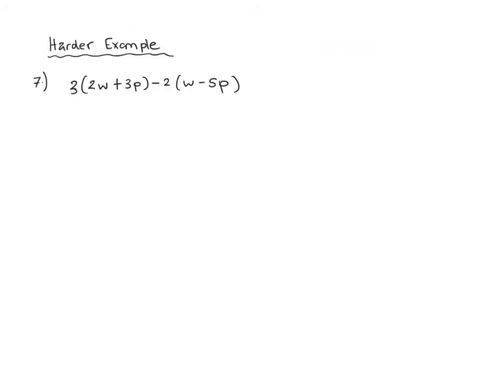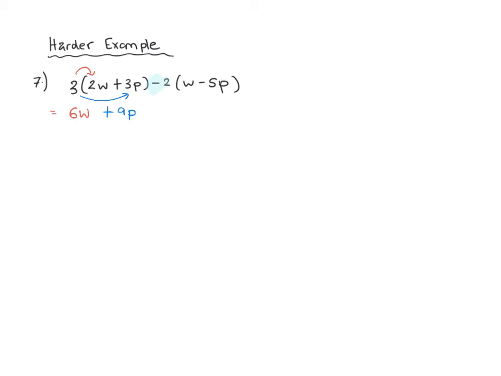Now, this last example is the hardest example that we're going to look at, and it's trickier because we're subtracting rather than adding, so we do need to be really careful as we work this through. So let's expand the first bracket. 3 multiplied by 2w gives me 6w. 3 multiplied by 3p gives me 9p.